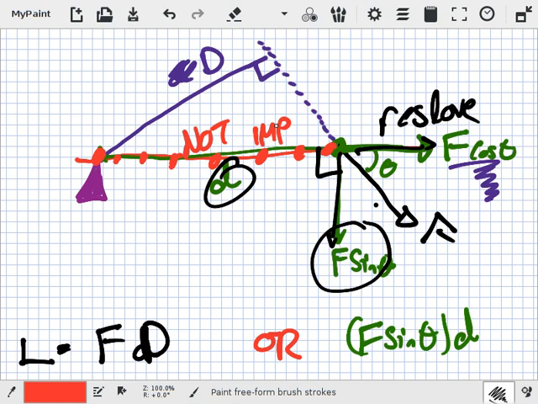So this force here can never make this turn. Never, because it's pulling at the turning point. So in fact, you can delete it. It doesn't have any turning effect. Do you understand this?